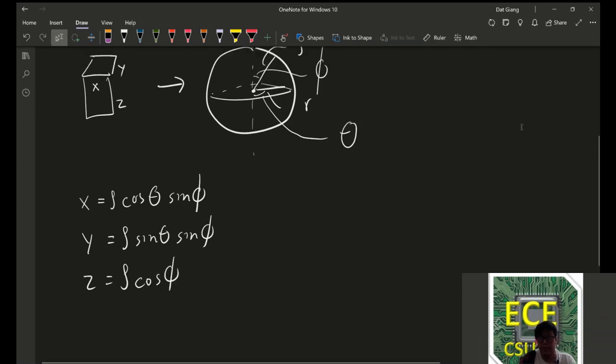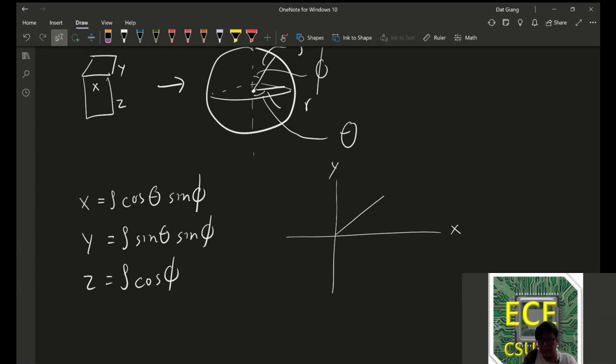The reason for this is if we were to take just a sliver of x versus y, and we looked at this right here, or apologies, this is z and y.